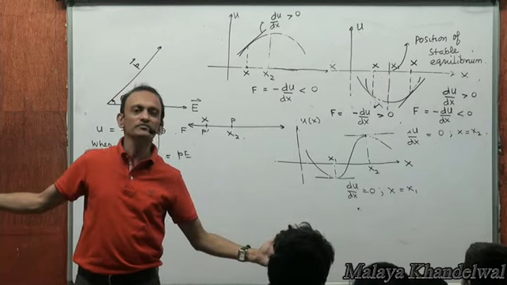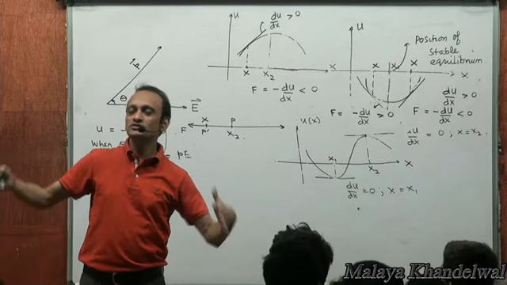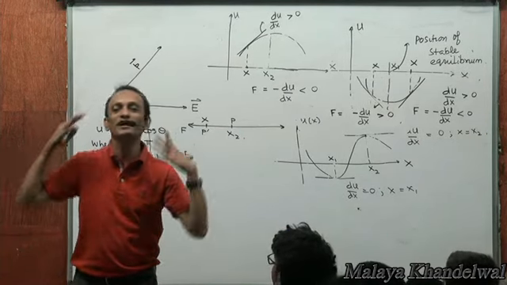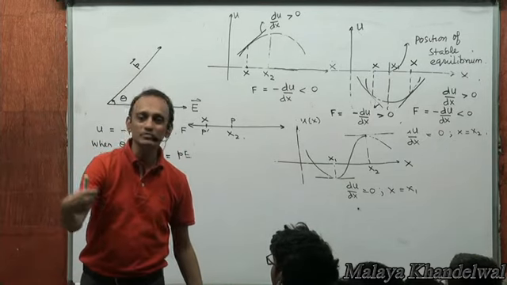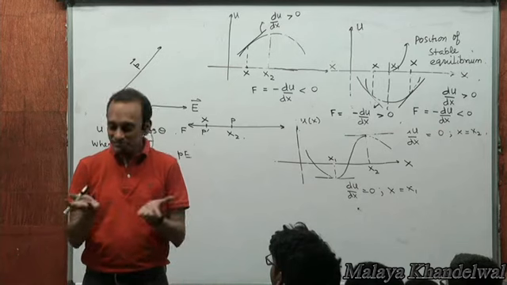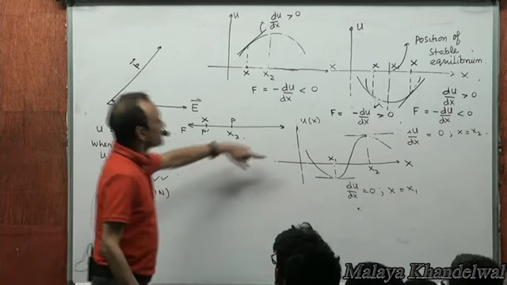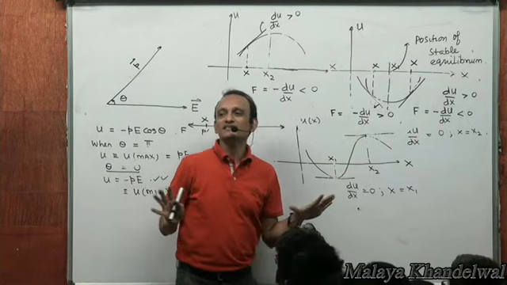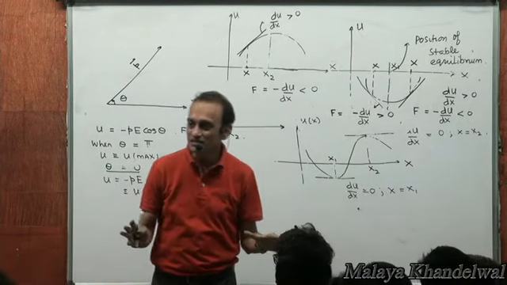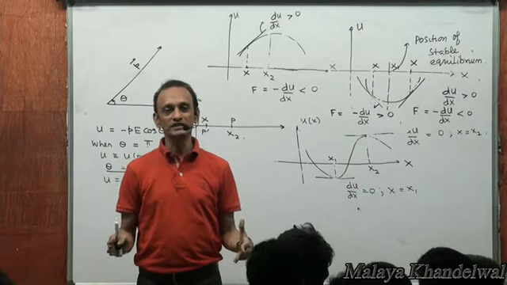You work hard all your life to acquire the state of highest potential energy, but unfortunately, alas, you'll be terribly unstable there. Be in the ground state, reside in the well. This is the well of potential energy. Most preferred state, particles like human beings will remain comfortable in those states.